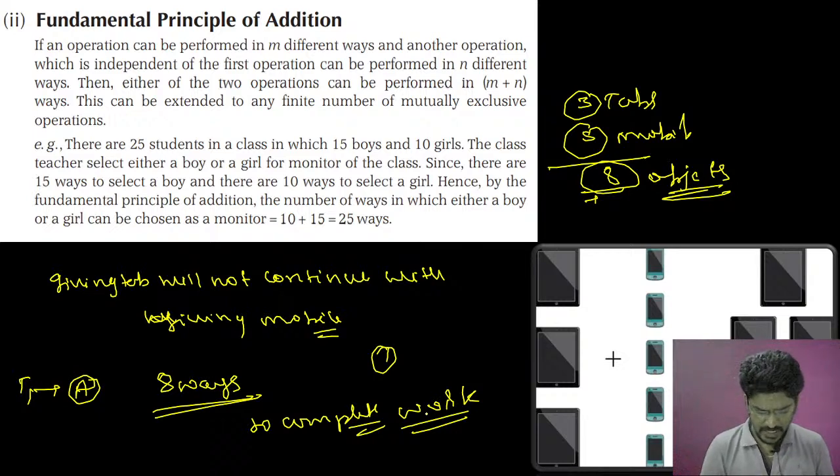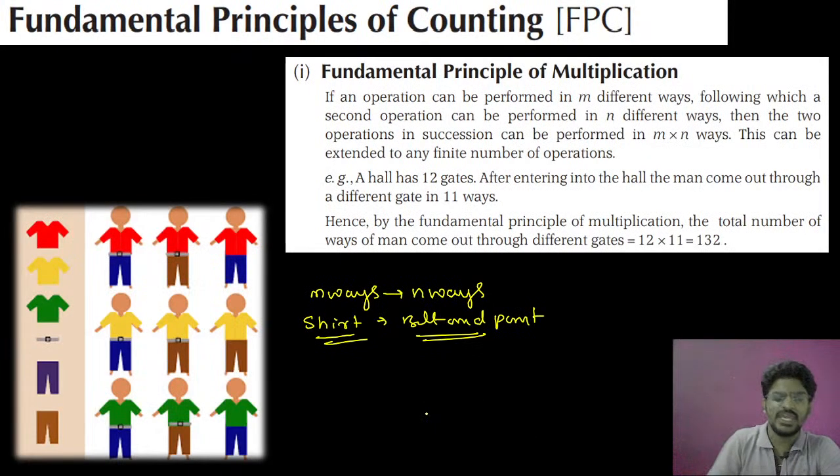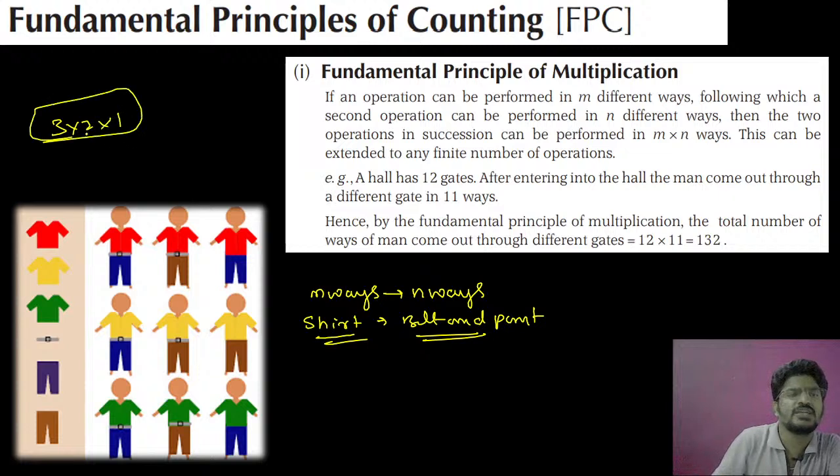So from this you can just see that to complete this work you got 8 different ways. So you may get confused here with 3 into 2 into 1. But my dear students, you listen here. Without a belt also he can dress.